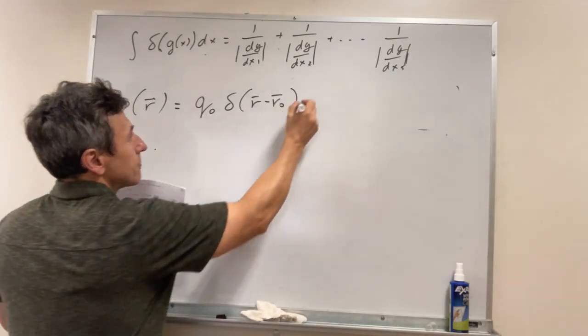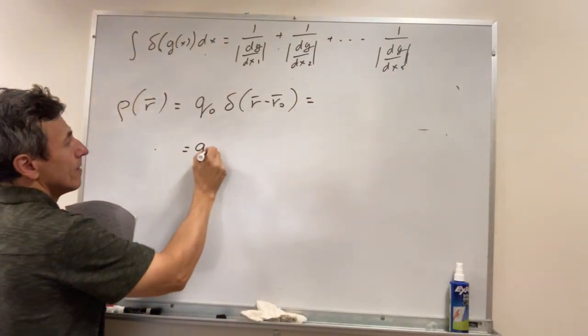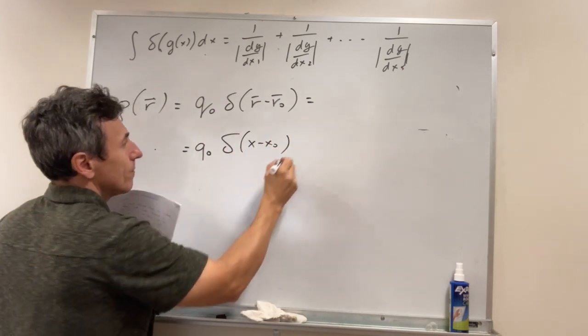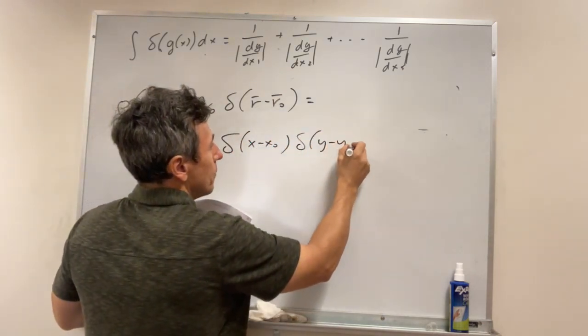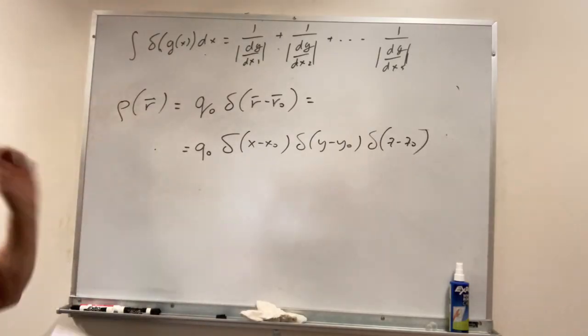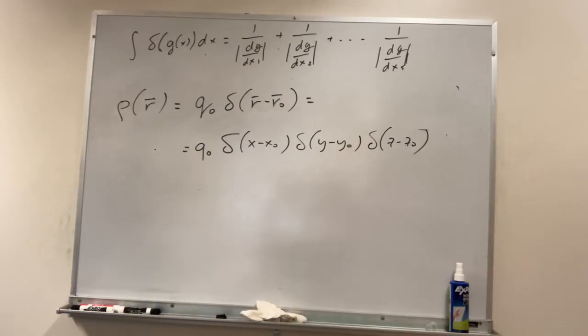Another way to express it is q0, one-dimensional delta function of x minus x0, one-dimensional delta function of y minus y0, one-dimensional delta function of z minus z0. So this is the delta function of a point charge.